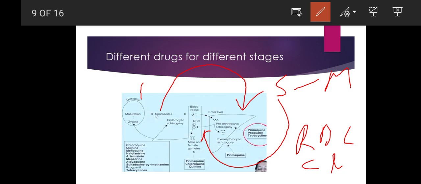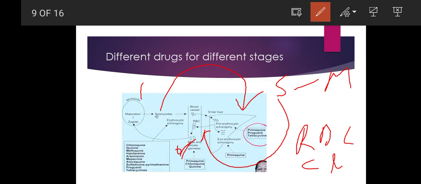So let's say here another healthy mosquito will come and bite the human, and it will take the gametes again. So it will take the gamete and it will be transmitted. Fertilization will occur in the female anopheles mosquito, which the mosquito can then transmit the parasite to another healthy human.